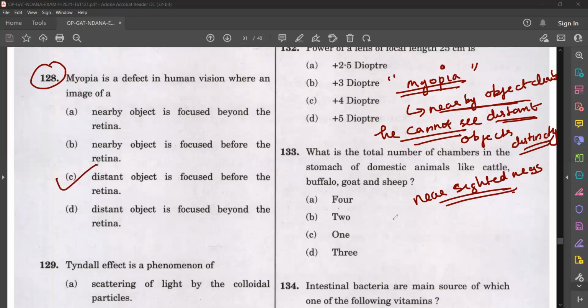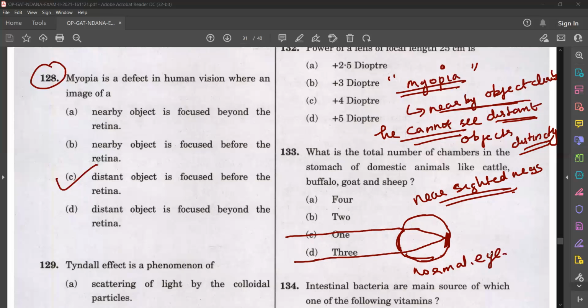Now, how would be the image formation? Suppose this is the eye. Then we have the retina over here, that is the screen of the eye. For a distant object, if it is a normal eye, the image formation will be on the retina.